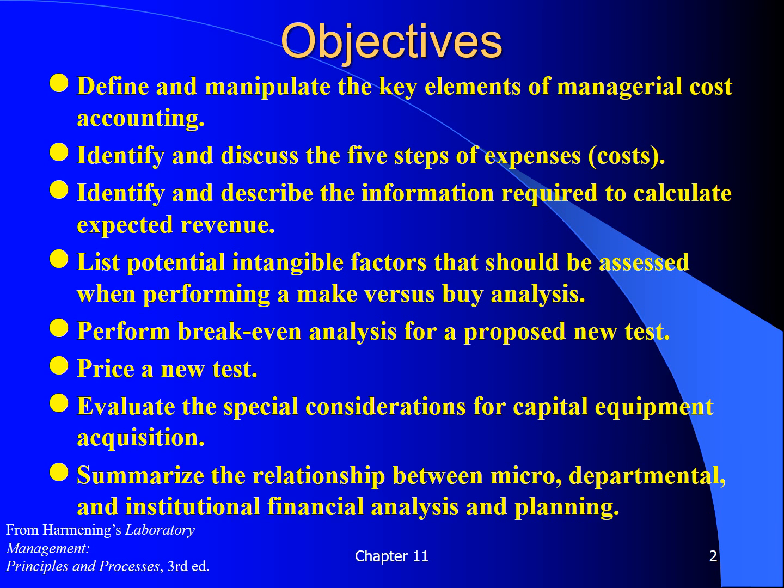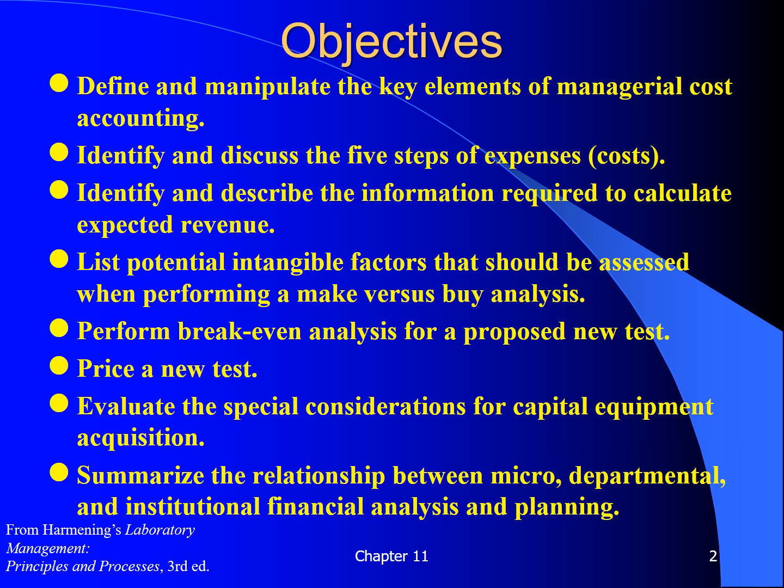On completion of this chapter, the learner will be able to define and manipulate the key elements of managerial cost accounting, identify and discuss the 5 steps of expenses, identify and describe the information required to calculate expected revenue, and list potential intangible factors that should be assessed when performing a make versus buy analysis.